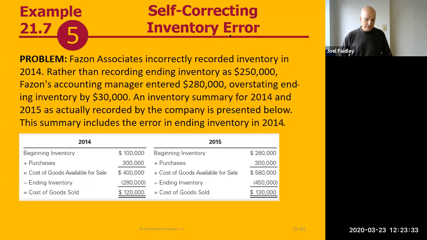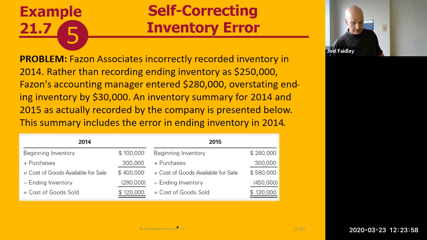And so they give you an exercise here: Faison Associates incorrectly recorded inventory in 2014. Rather than recording inventory as 250, they entered 280, overstating ending inventory by 30,000. Here is an inventory summary for 2014 and 2015, assuming 2015 was accurate. So what happens there?